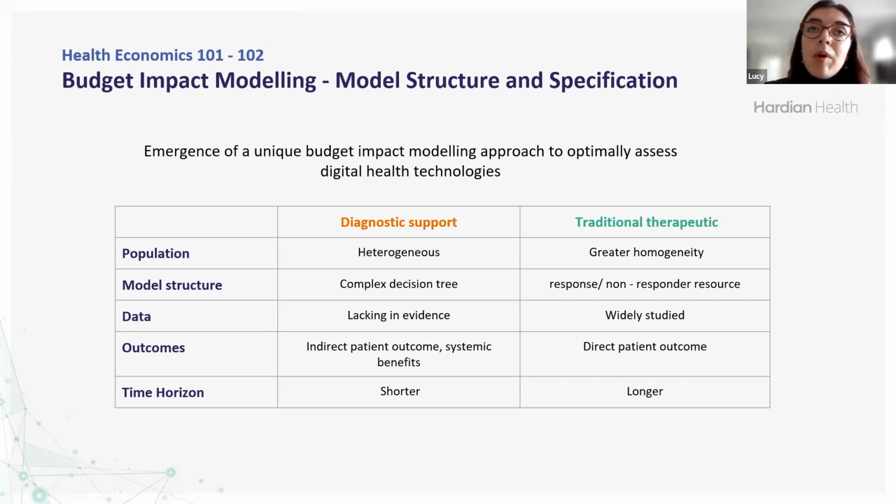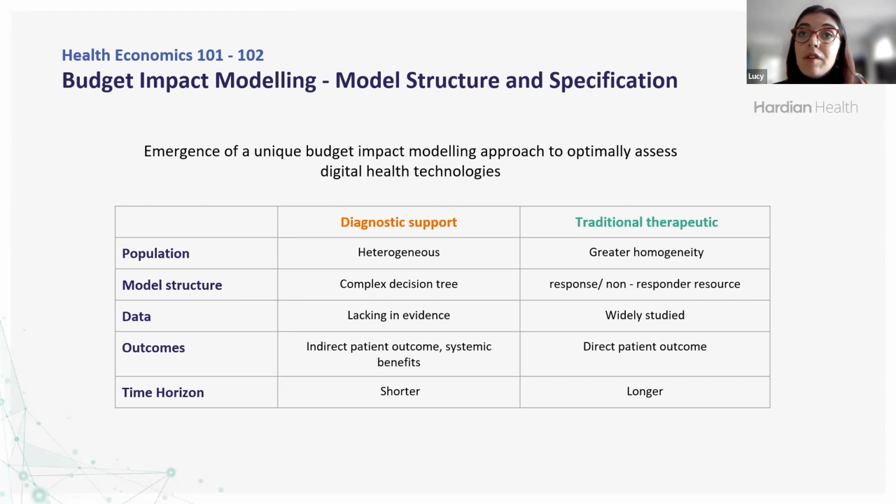So the population, we are noticing that for the diagnostic support and more diagnostic and AI devices, the populations tend to be more heterogeneous. The decision trees that inform the resource utilization and care pathway mapping are much more complex than they are for therapeutics. The level of evidence that's available to support them is not as developed.